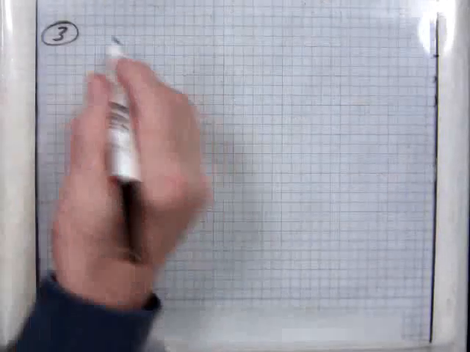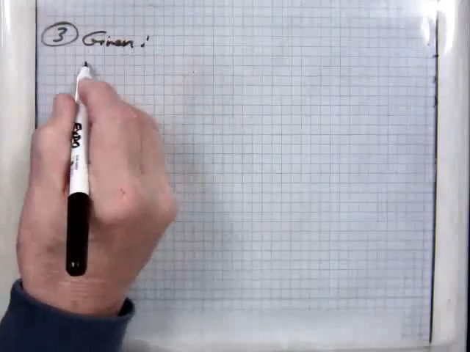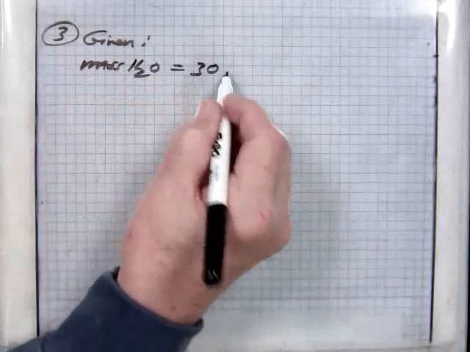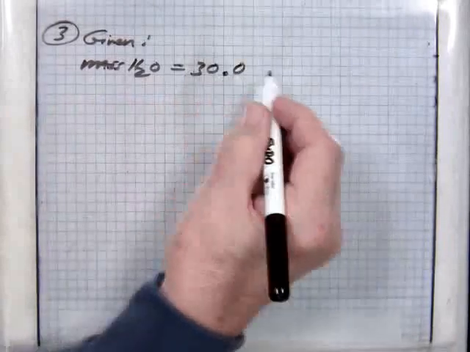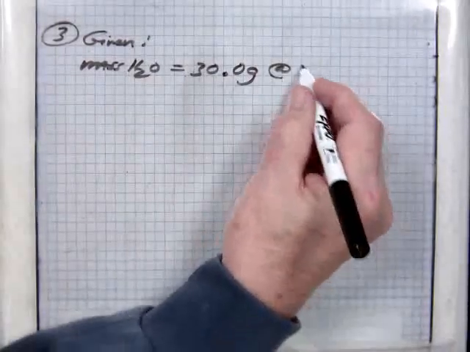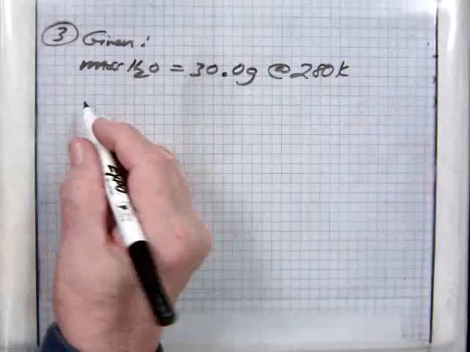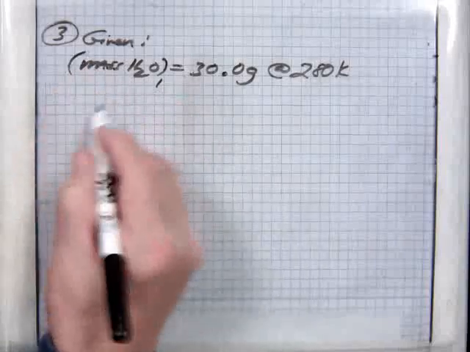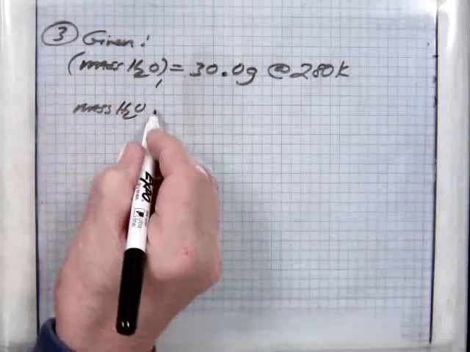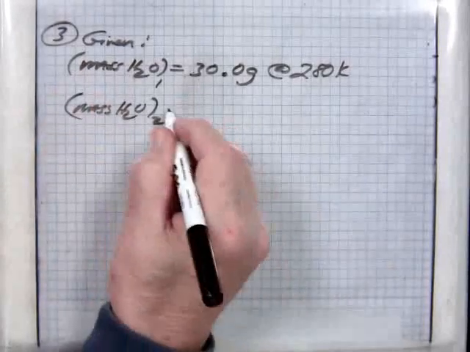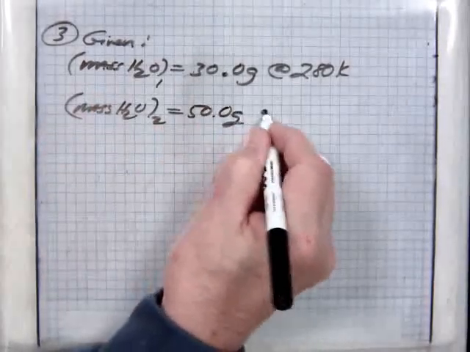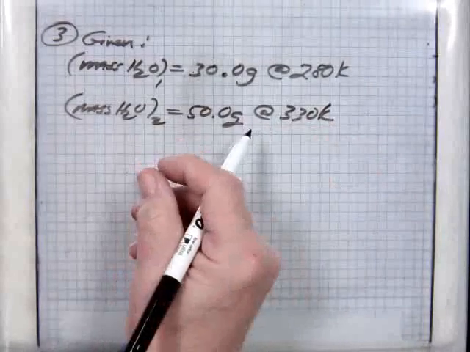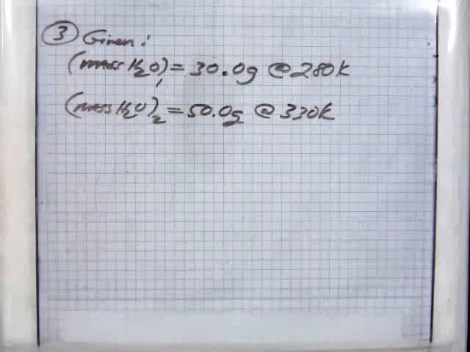Okay, we're given mass of water equal to 30 grams at 280 Kelvin, is mixed with, let's call this mass water 1, mass H2O 2, is 50 grams at 330 Kelvin. Calculate the final temperature of the mixture, assuming no loss of heat to the surroundings.